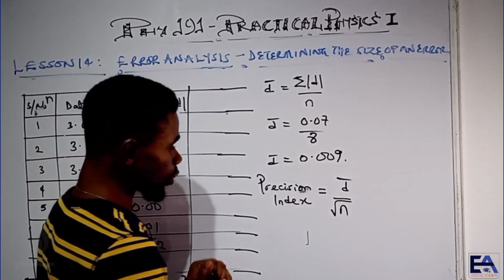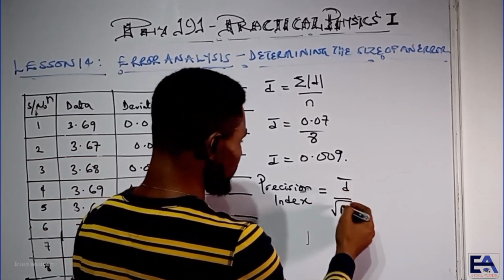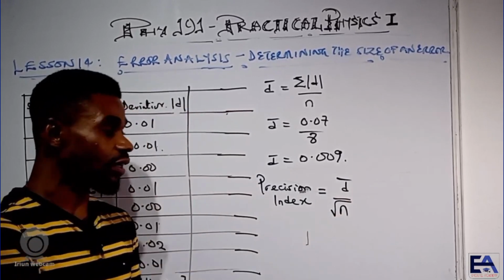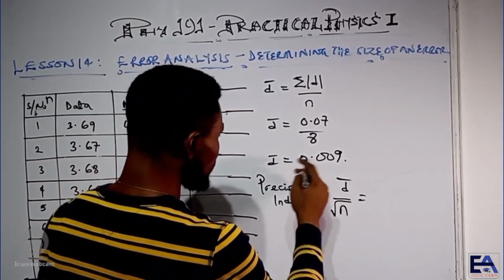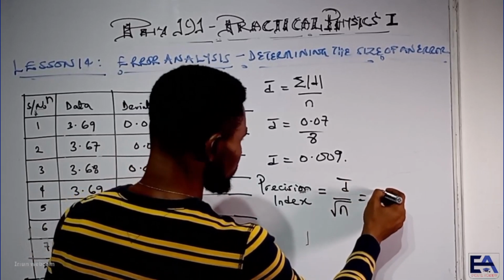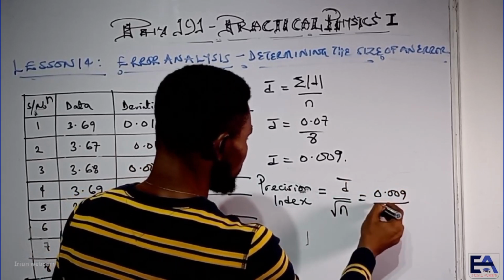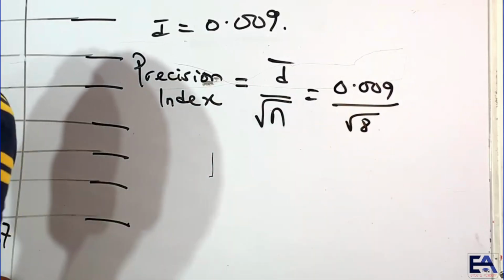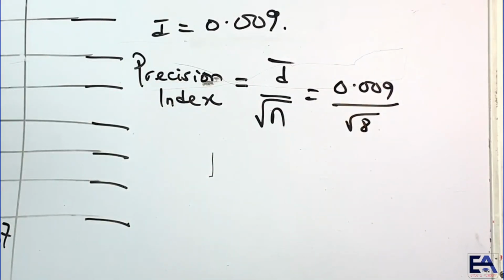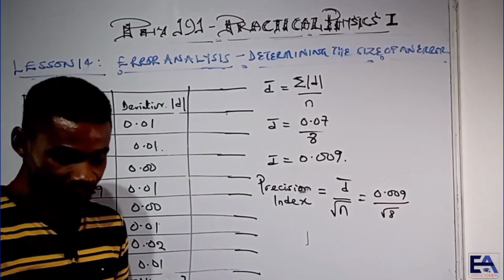Okay, so precision index is going to be bar D over root n according to the formula for finding this. So bar D over root n is going to be 0.009 divided by the square root of 8, because n is equal to 8. The experiment was done 8 times.